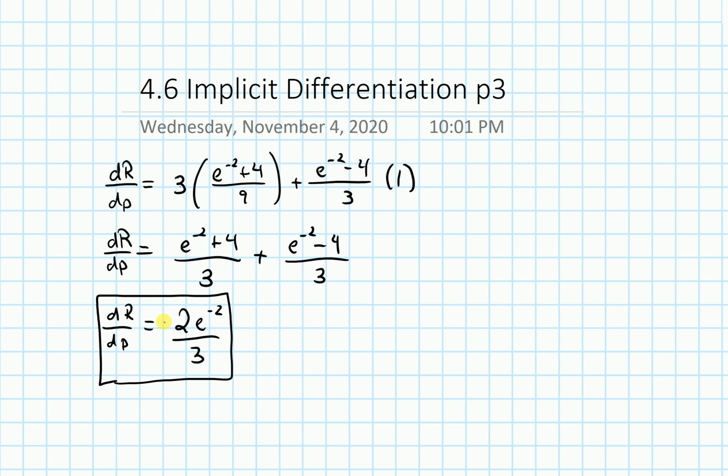But it wants us to interpret this answer as well. The interpretation should be really similar to our interpretation for that last question.